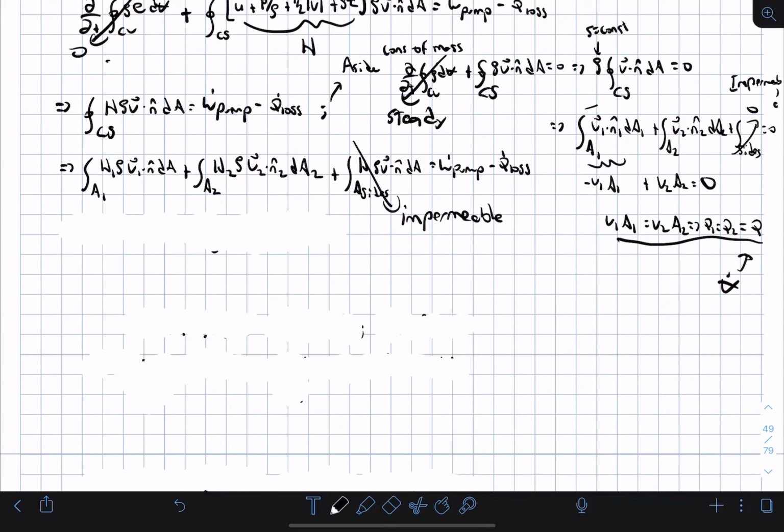That means we have no flow leaving the pipe, because if v dot n hat is 0 along the pipe walls, then there is no enthalpy or kinetic energy leaving through the pipe walls. Now we can start working with phase 1.